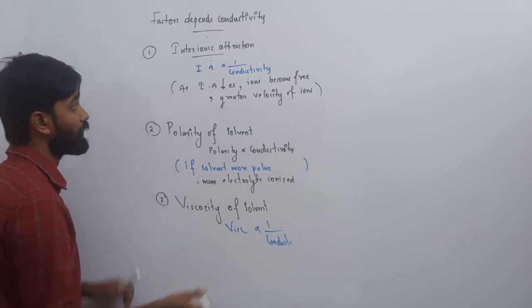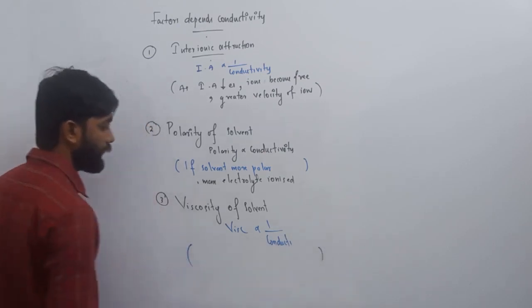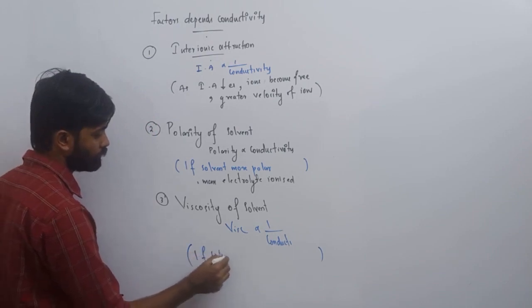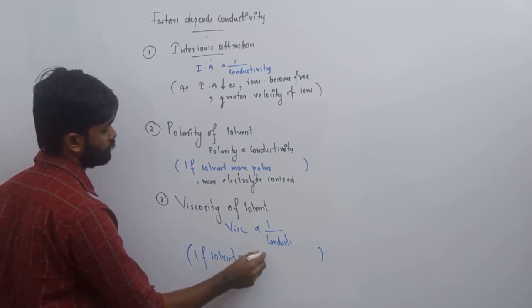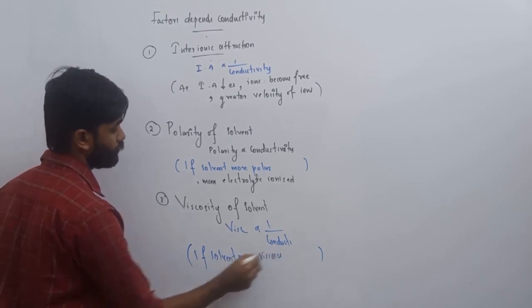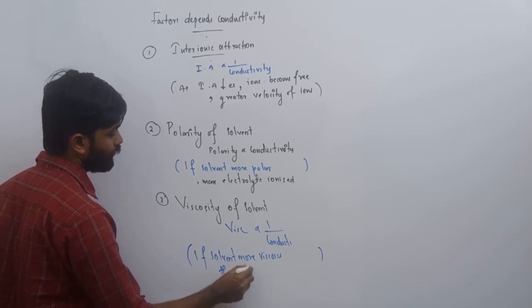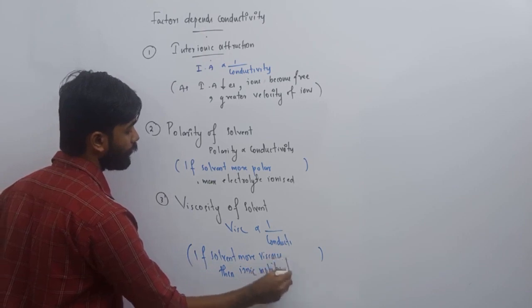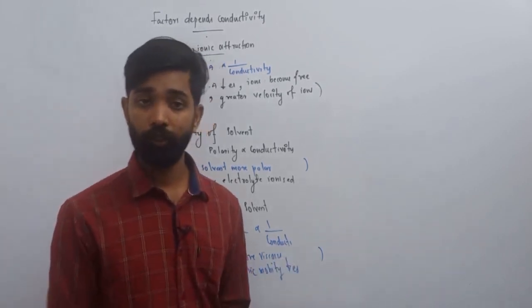As viscosity increases, conductivity decreases, because if the solvent is more viscous, then ionic velocity or ionic mobility decreases. And we know that if ionic mobility decreases, conductivity decreases.